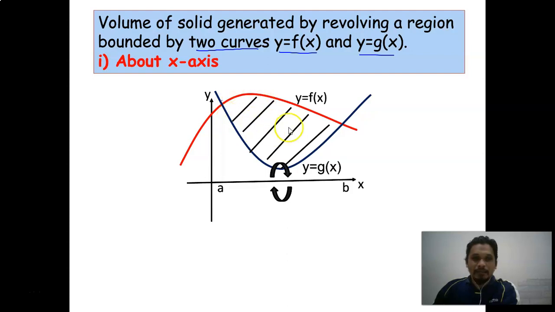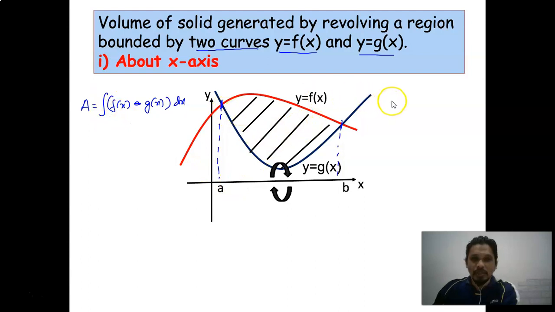To find the area of this, we need to find the intersection points between these curves. From previous knowledge, to find the area between these two curves, we come up with A equals the integral of, okay, this graph is above g(x), so f(x) minus g(x) dx.